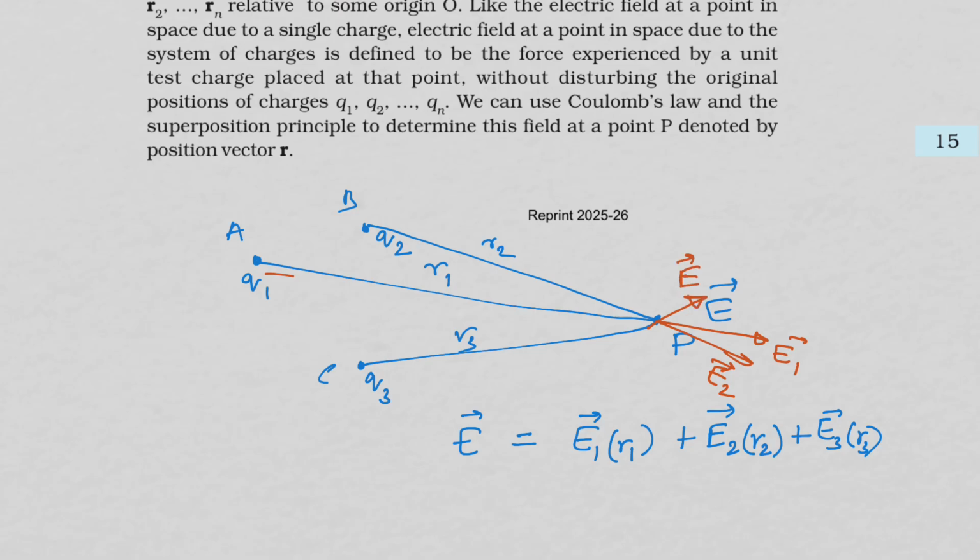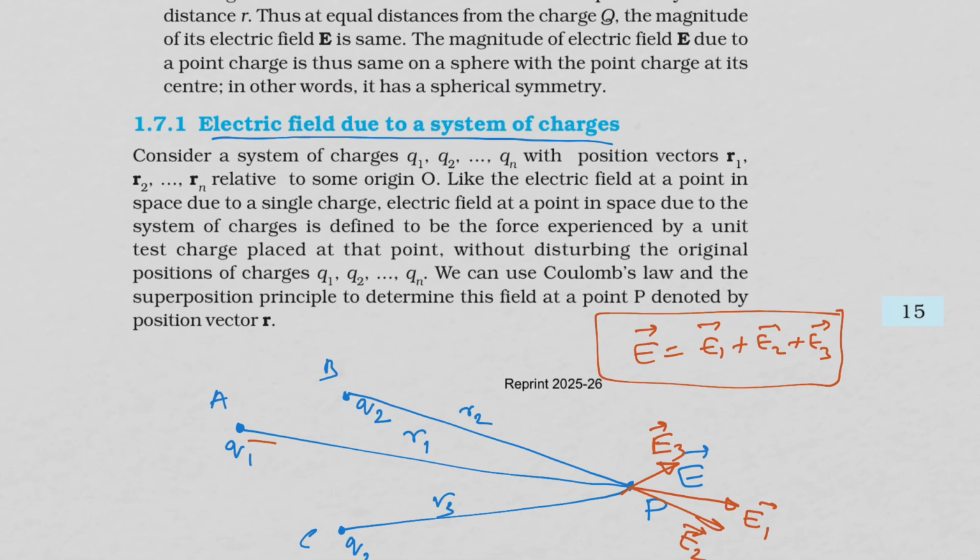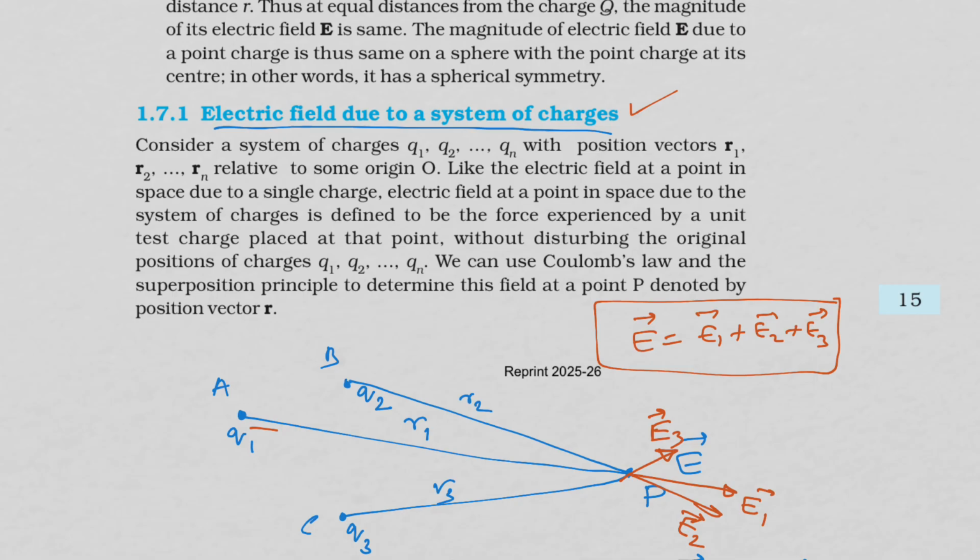We now have three vectors, and for the total electric field E we have to add E1 plus E2 plus E3. These are not simple arithmetic additions, these are vector additions. This is what we have to do to find the electric field due to a system of charges.